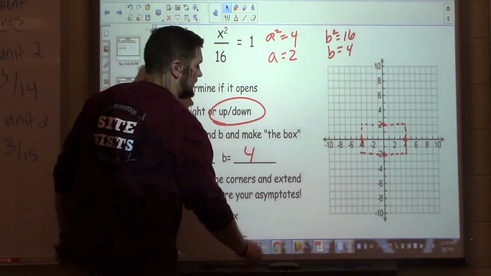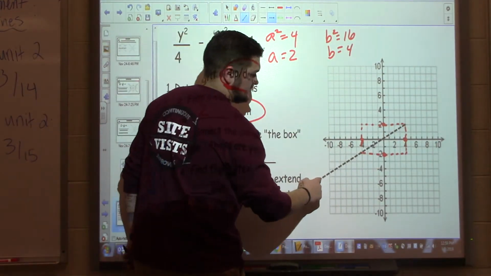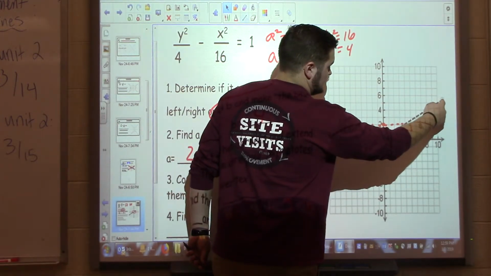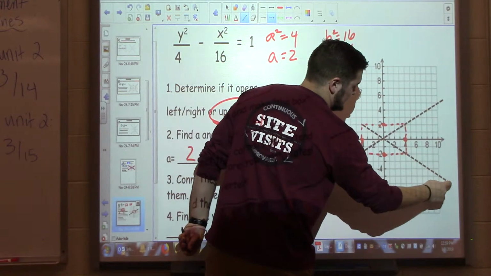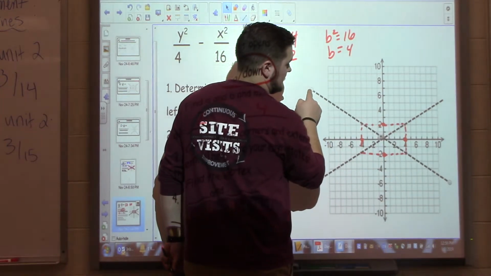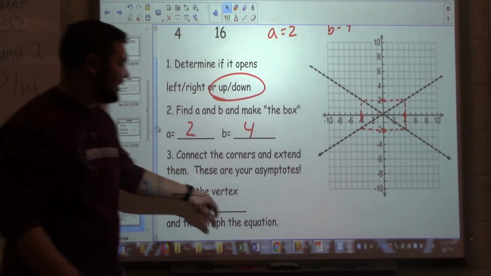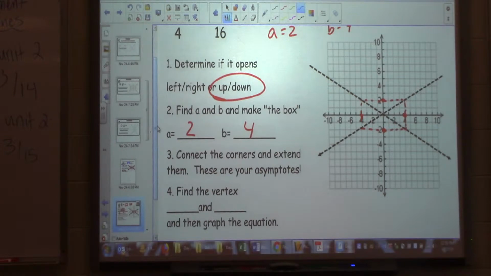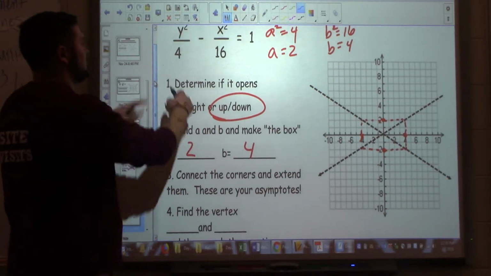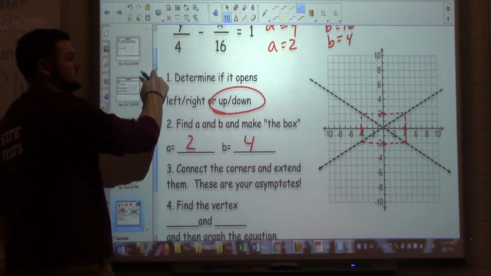So, when I draw my asymptotes in, and we're using a straight edge. So I've drawn in my asymptotes. Where are my vertices? (0, 2) and (0, negative 2), because my y value was first.